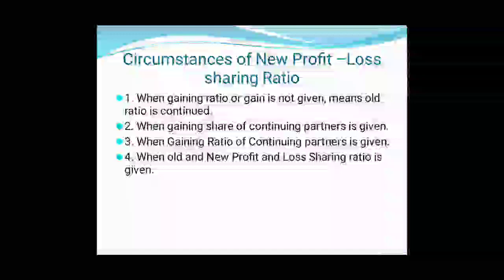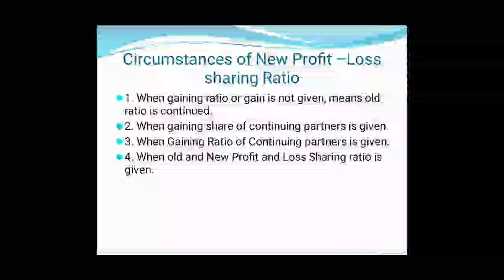Suppose nothing is given, how to determine the new ratio? They don't give you the new ratio, they don't give you the gain ratio, they don't give you the gain share, nothing is given. They only give you the old profit and loss sharing ratio. In that case, what will happen? It is assumed they will continue with the same ratio.